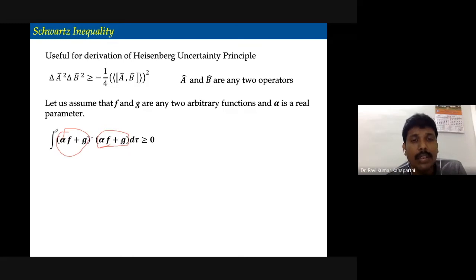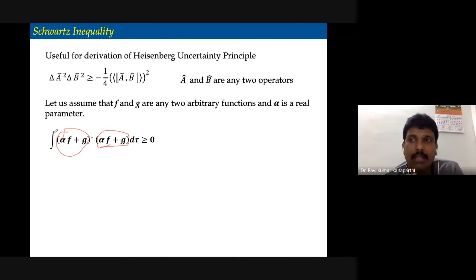So what answer do you get out of this? Well, integration is a kind of summation over small tiny bits. Therefore, when you integrate over the entire space, this is always going to be a positive quantity. You can apply this to any other functions that you come across in algebra.